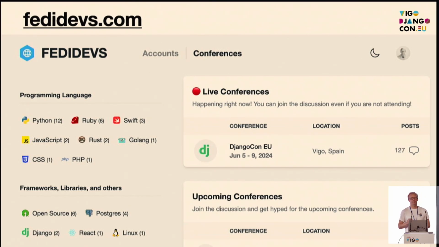I also built a little feature, so if you want to follow the conversation around conferences, there's an aggregated view that shows all the posts about DjangoCon Europe, so if you want to check that out as well.